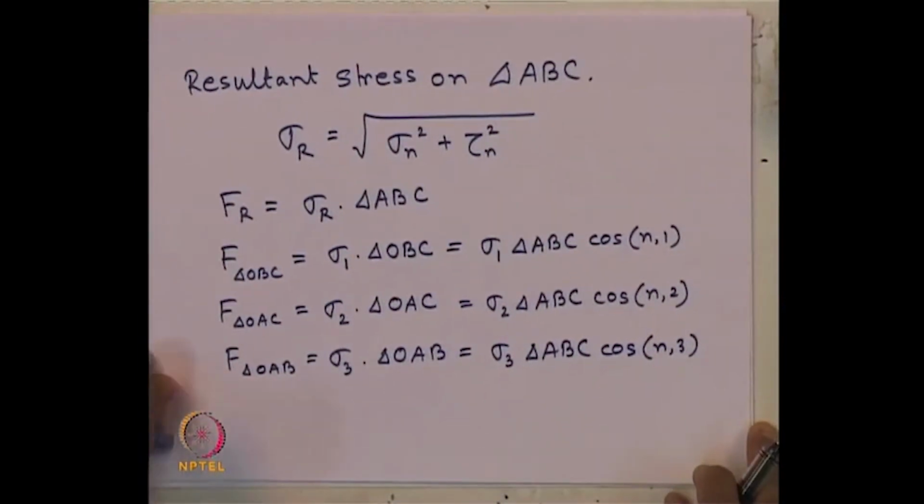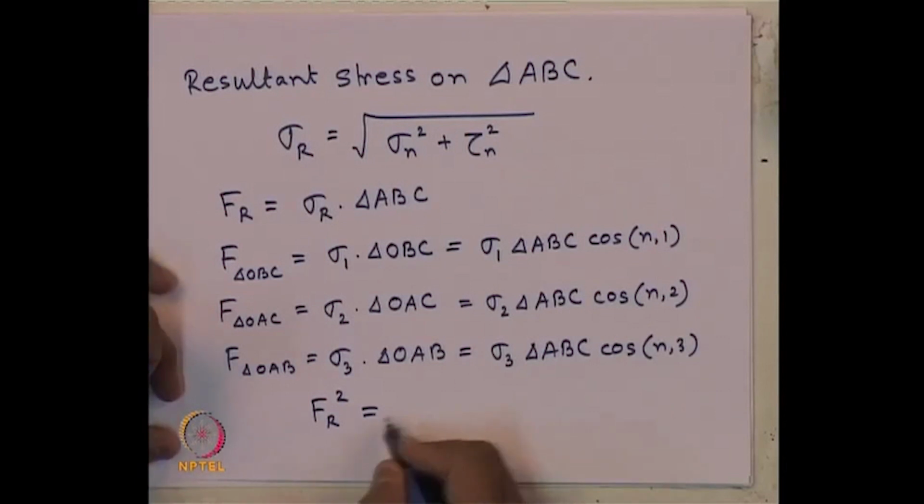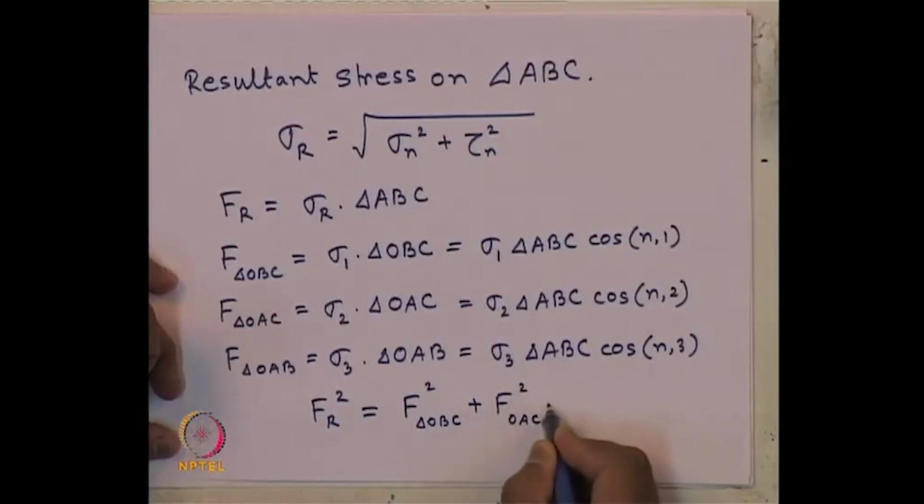Now, this resultant force F r square is how much? Summation of squares of the 3 orthogonal forces, right. So, it should be equal to F OBC square plus F OAC square plus F OAB square.